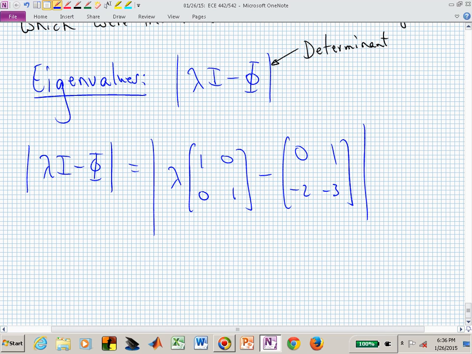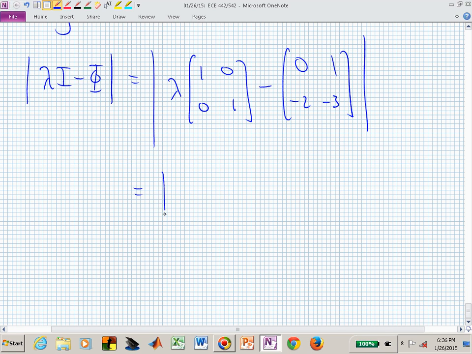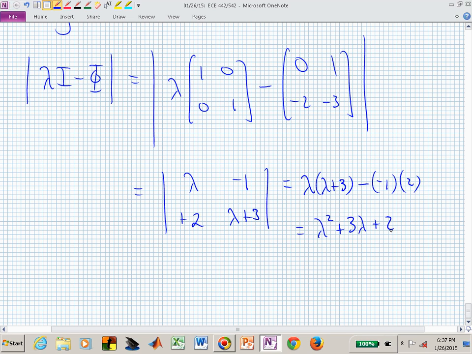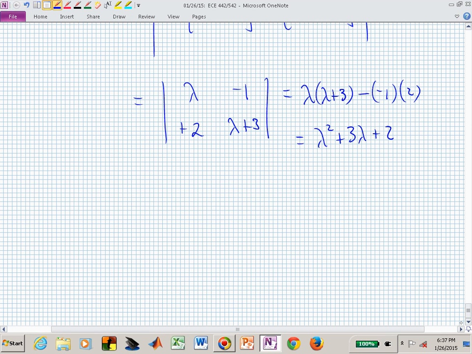This is now the determinant of lambda, minus 1, 0, whoops, 2, lambda plus 3. And for a 2 by 2, we take the product of the diagonals minus the product of the off diagonals. That's our characteristic equation.